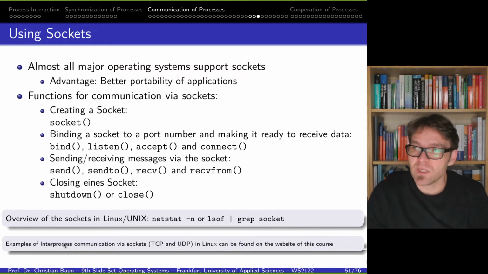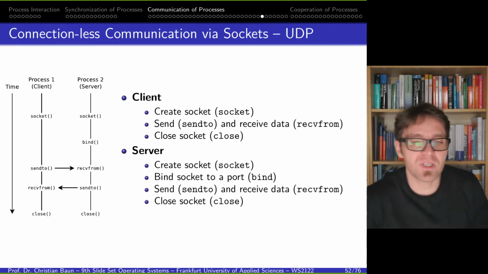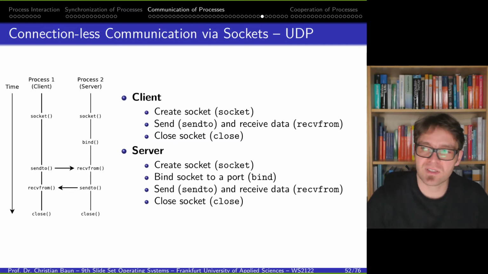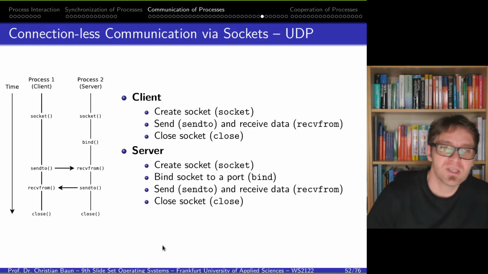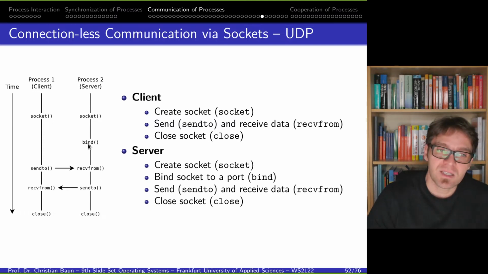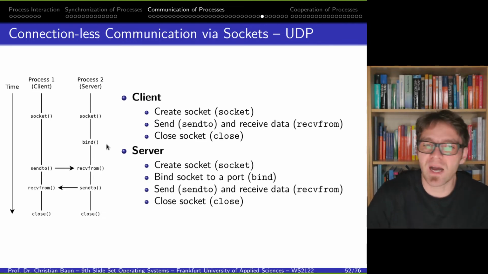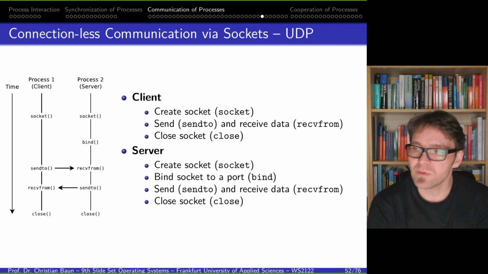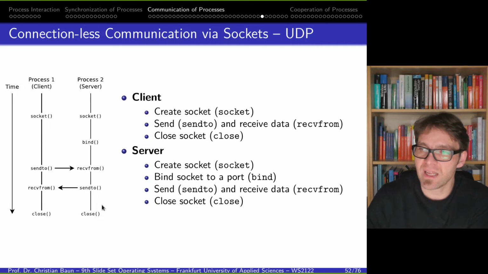So again, we have some examples, and first we look at how the interaction is done in principle for UDP and TCP. For UDP, first both our processes need to create a socket on the local side. Next, the server process needs to bind a port number to the socket, and next data exchange can happen immediately.